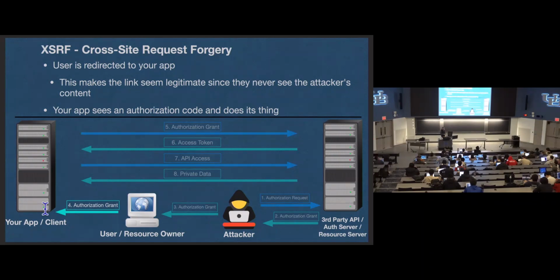It doesn't know. So anyway, the app gets this request with an authorization code, and here's where it starts to get scary. This authorization grant is linked to the attacker's account, but it was sent by this user. What our app is going to do is its usual thing.